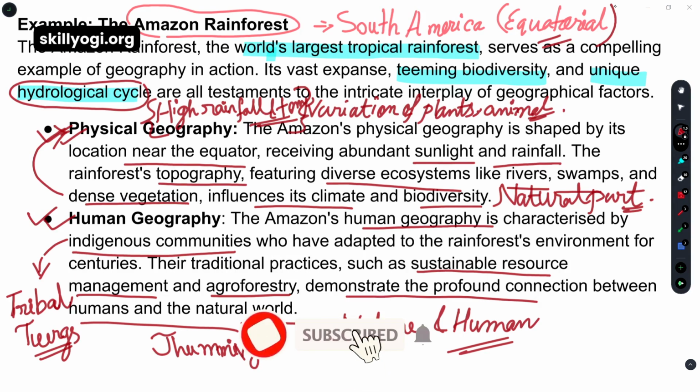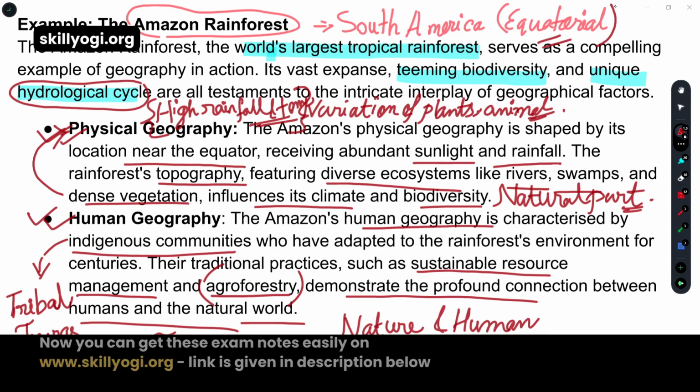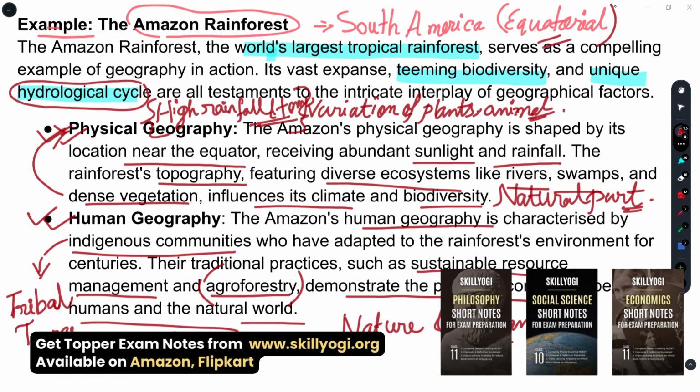That was from agriculture, right? Agroforestry, agro means agriculture and forestry means forestry work. So when you are doing the forestry work with the help of agriculture, that is called agroforestry, which is very nature friendly work for the farmers, for the tribal people.